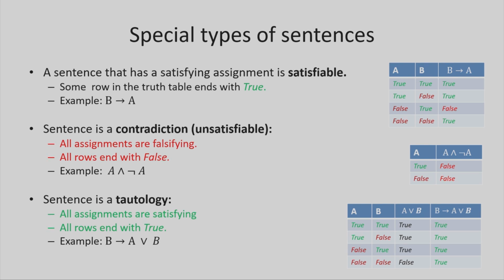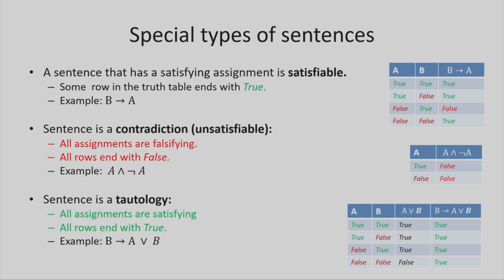Well, yes, it is a tautology because no matter if today is Monday or not, the sentence, if today is Monday, then today is Monday, will always be true. And there are more complicated sentences, like the one below, which also are true no matter how you set the variables A and B. So for a tautology, every line in the truth table will end with a true.